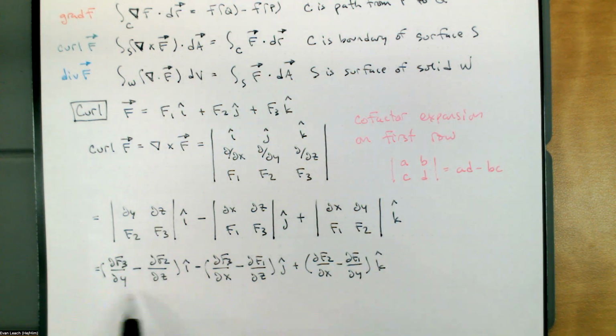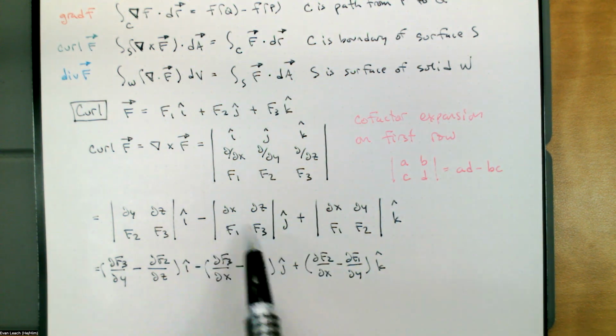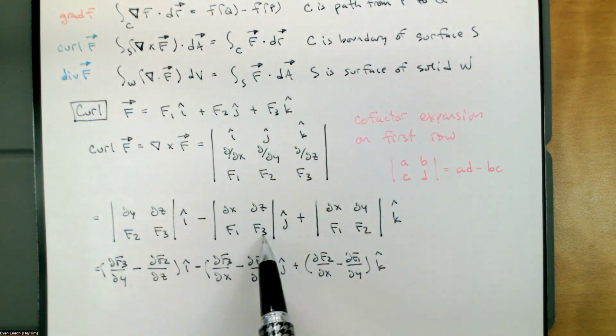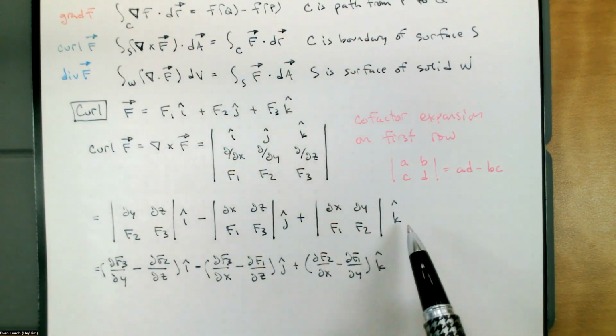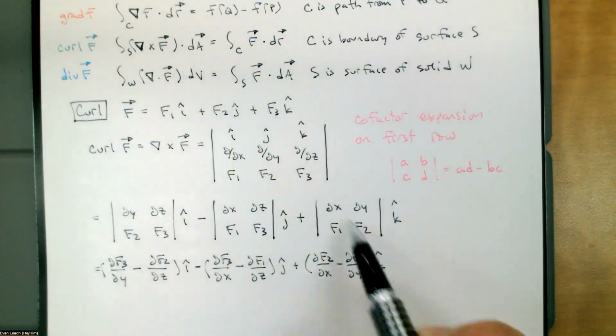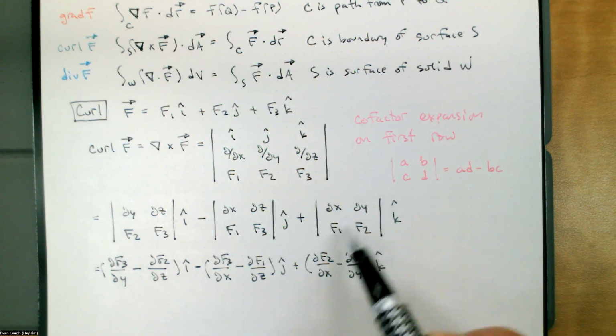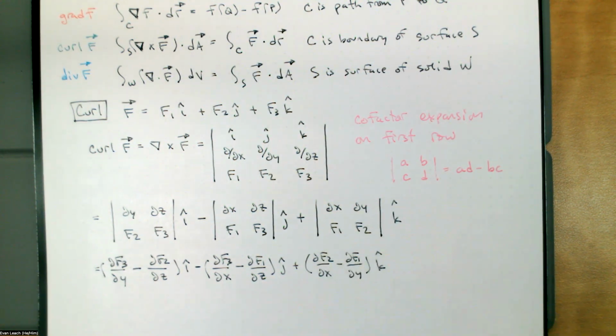That's going to be our i component. Our j component will be the partial of F3 with respect to x minus the partial of F1 with respect to z. And then for our k component, the partial of F2 with respect to x minus the partial of F1 with respect to y.